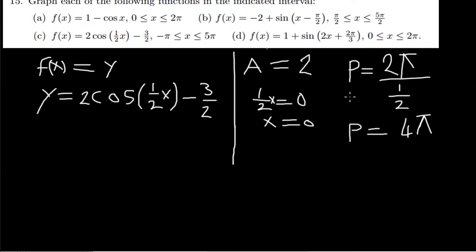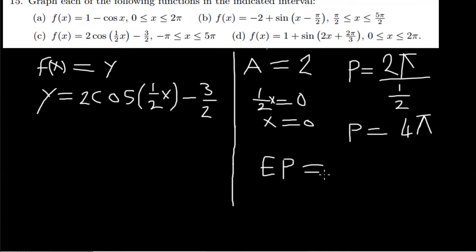After finding the period, you can now find the end point. We said this value of x is where the curve is going to start from. Now let us find the point where the curve is going to end. I'll just call it EP.